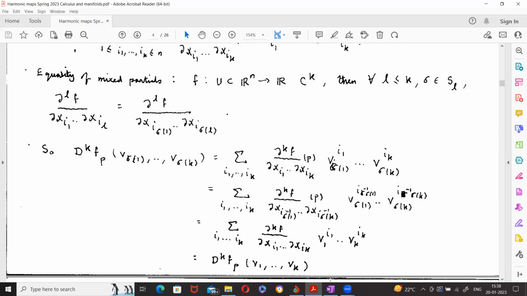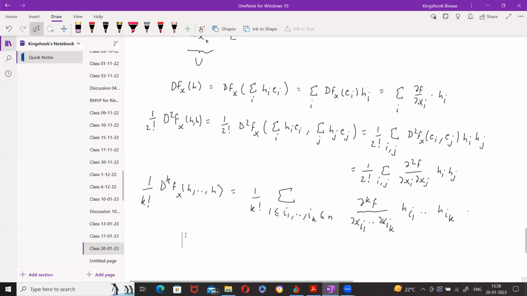So what does that mean? That means that if I look at any derivative of order L less than or equal to k, then D^L f of (e_{i1}, ..., e_{iL}) is equal to this partial derivative ∂^L f / ∂x_{i1} ... ∂x_{iL}.